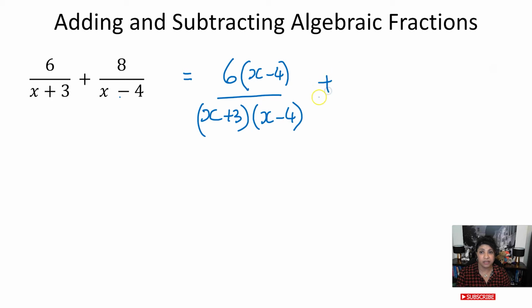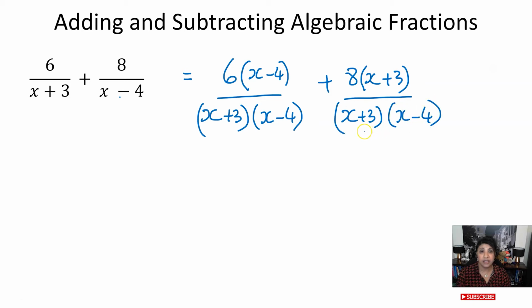Then I have my plus and then I have my 8. So this side needs to be multiplied by x plus 3. So that's what is going over here, x plus 3. And then I have now the same, x plus 3 times x minus 4. So now the denominator is the same.